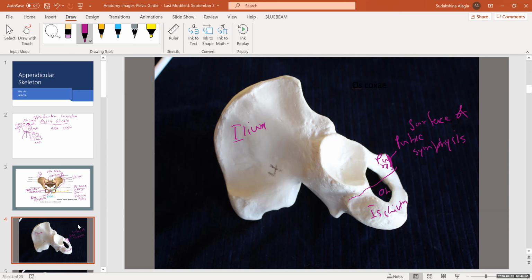Obturator foramen, of course, we learned that. Now here it is. This is the lateral. So basically, this is rotated so that this is the lateral side. This large depression is known as acetabulum.